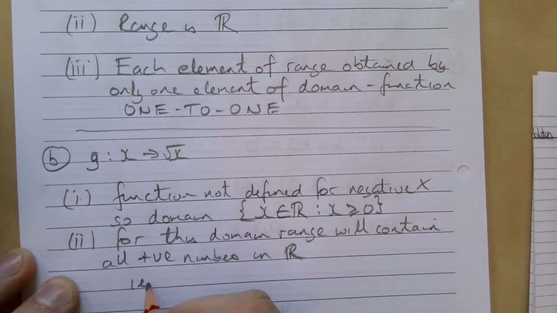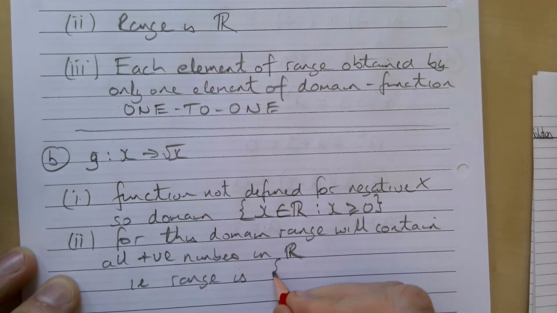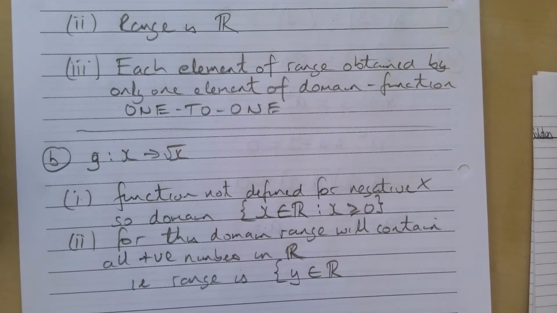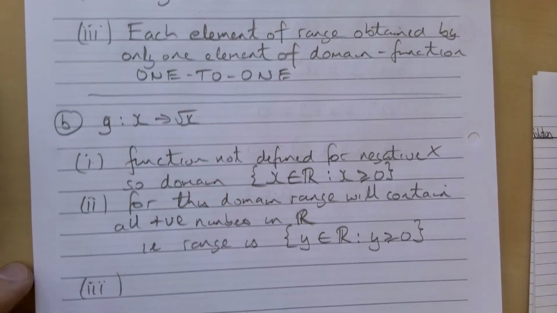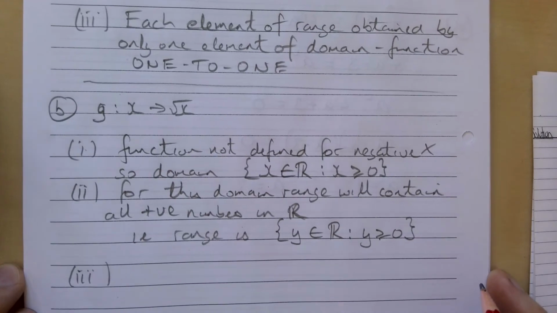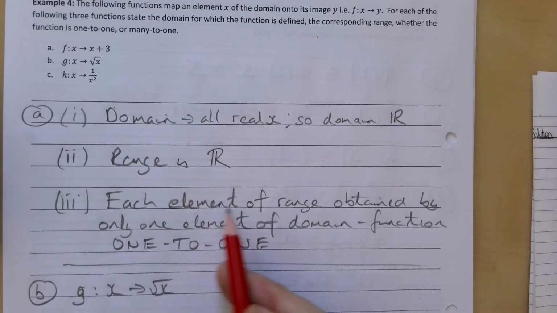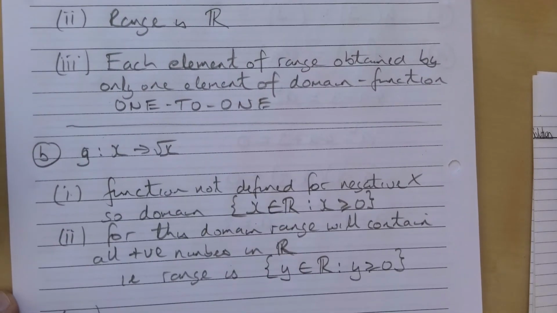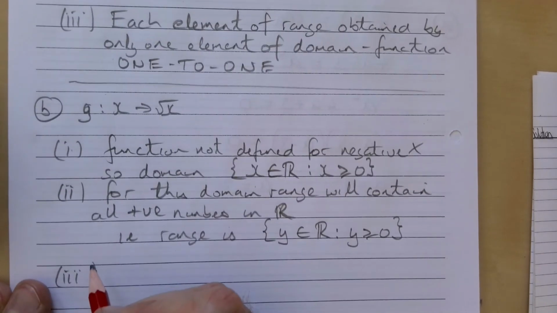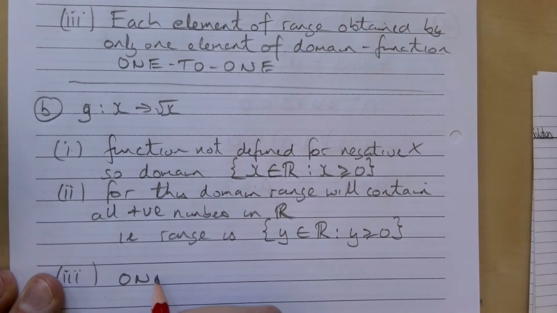So the range is y is a member of the real numbers and y is greater than or equal to 0. I hope we can see that this one says the same thing as before: each element of the range is obtained by only one element of the domain, so the function in this case will be 1-to-1.